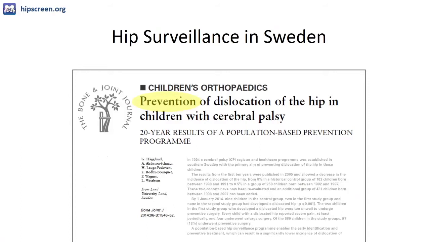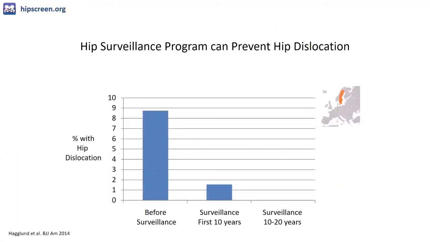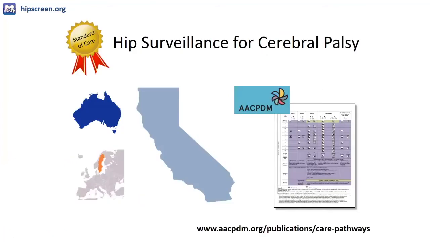And then that they're followed up very carefully. When that treatment protocol is used, hip surveillance programs can prevent dislocation, as you can see from this declining rate of hip dislocation in the population over the 20 years that hip surveillance was instituted.